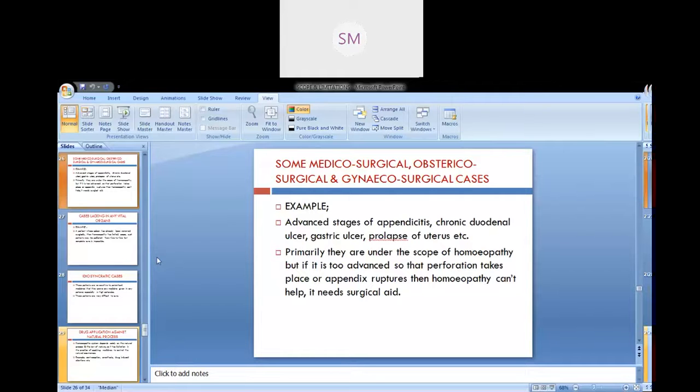In the beginning stage, homeopathic remedy can cure. But if the condition is too advanced, so that perforation takes place or the appendix ruptures, then homeopathy can't help. It becomes an emergency case and needs surgical aid.